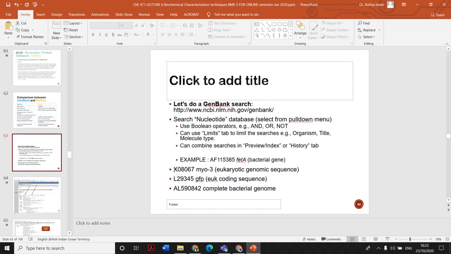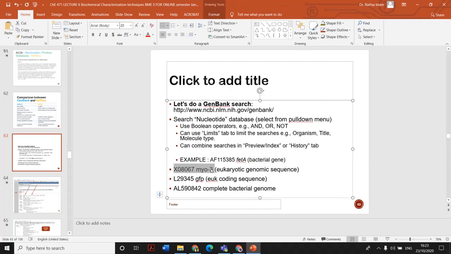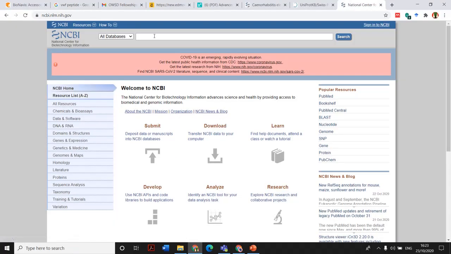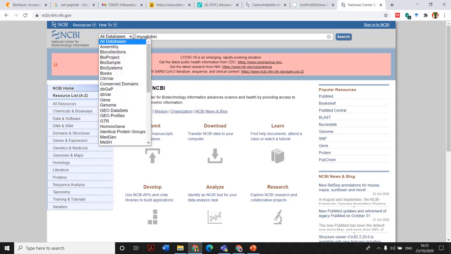Okay, so for example, if I take this and paste it here, this is my search parameter. I can just go ahead and write myoglobin, and it will give me this. If I go for all databases, it's going to be very clunky.